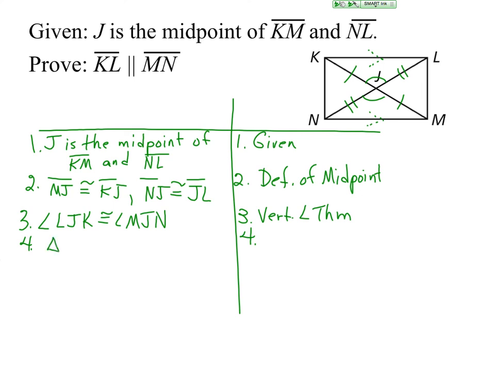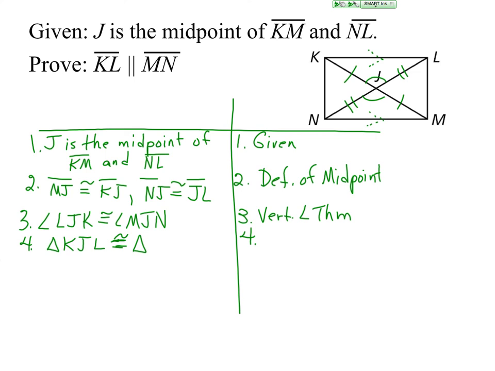Okay, triangle, I'm going to call the top one KJL, congruent with triangle. KJL goes with what? In what order would the other one go? I don't think it would start with N, because if I put NJ, that would match with KJ.